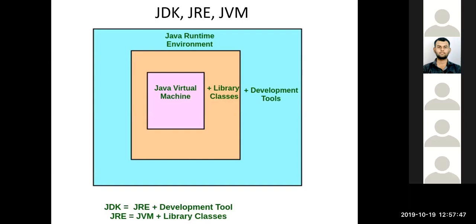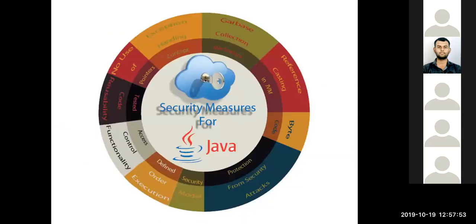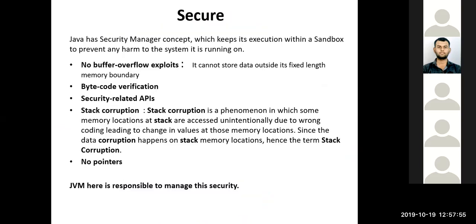Before we go ahead, can we go to the secure feature of Java? Yeah, sure, one second. Secure feature of Java. Here it says stack corruption, shouldn't the heading be stack corruption free? Yes, basically, yes.